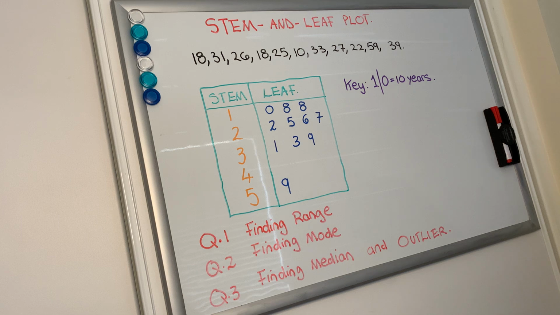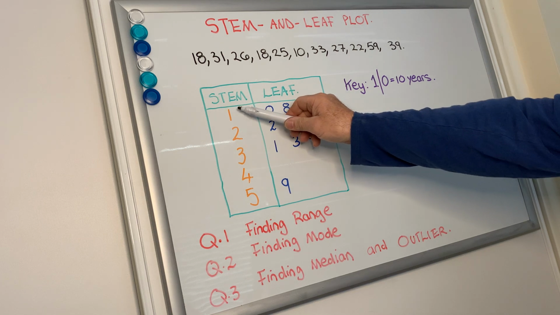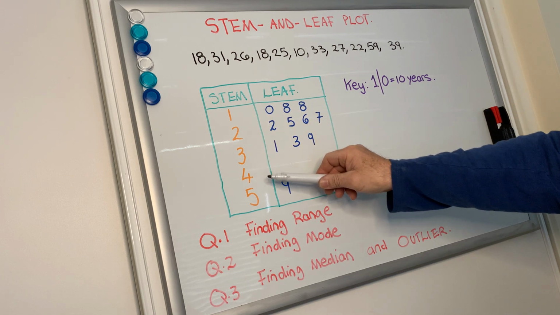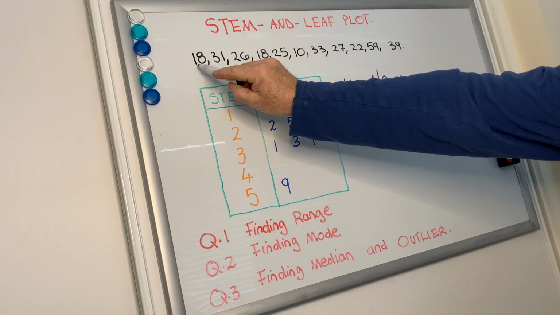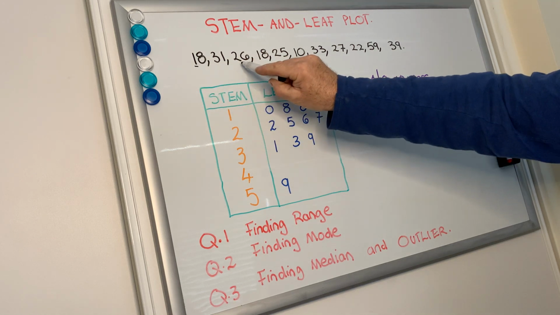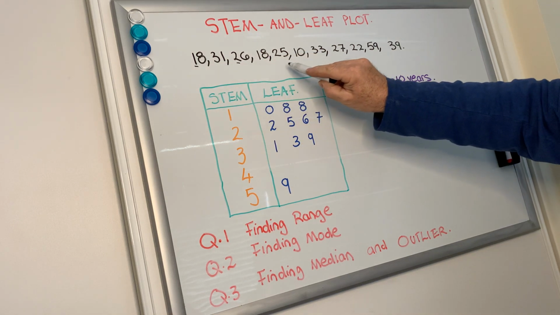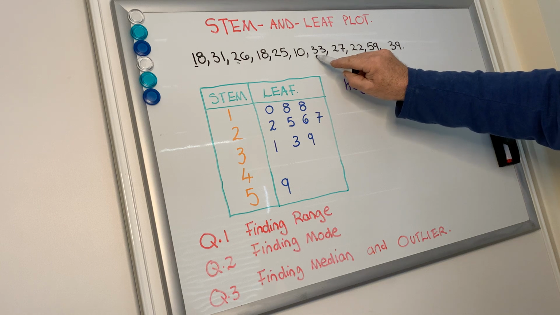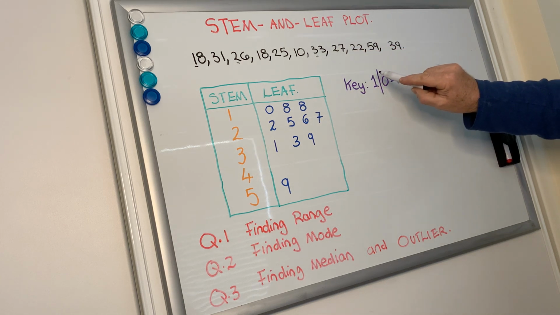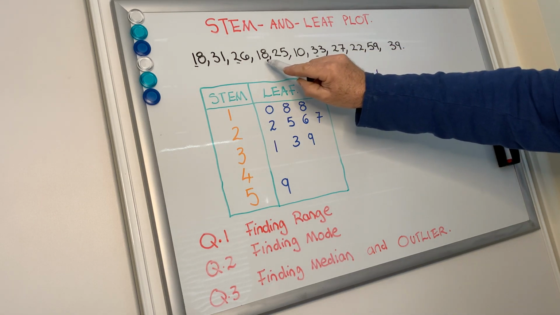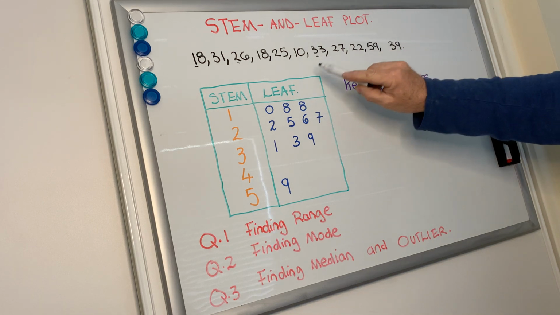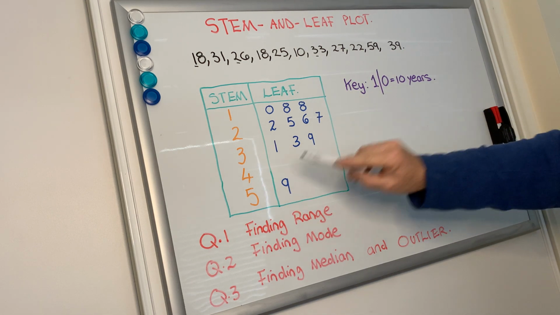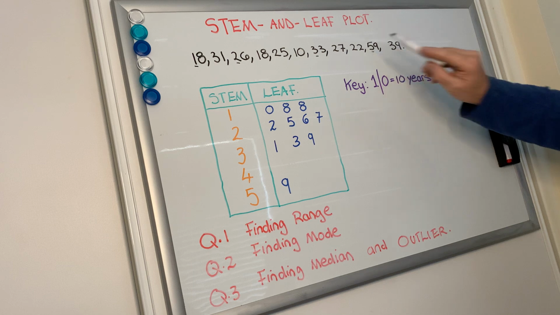Firstly, I've put them in groups of 1, 2, 3, 4 and 5, simply because we've got 18, we've got a 26, we've got a 33, we don't have a 40, so we don't have a 4, but I still put that in there, and we've got a 50.